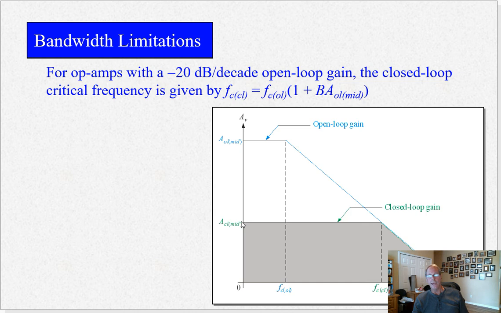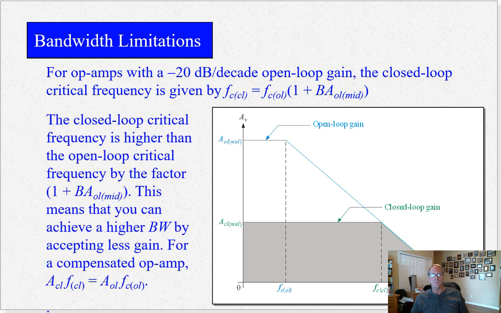So the gain that we choose stays constant out to a much higher frequency, okay? Even though the gain is lower, it's more manageable, and it stays constant out to this new cutoff frequency. Instead of 10 hertz, it might be megahertz or 100 kilohertz or something. So that's better.